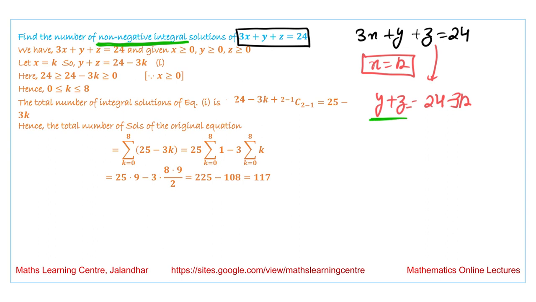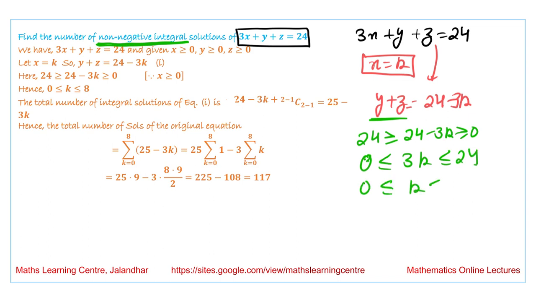So we have the condition that 24 is greater than or equal to 24 minus 3k, which is greater than or equal to 0. Solving this, we get 0 is less than or equal to 3k, which is less than or equal to 24. This gives us 0 is less than or equal to k is less than or equal to 8. So the possible values of k are from 0 to 8.